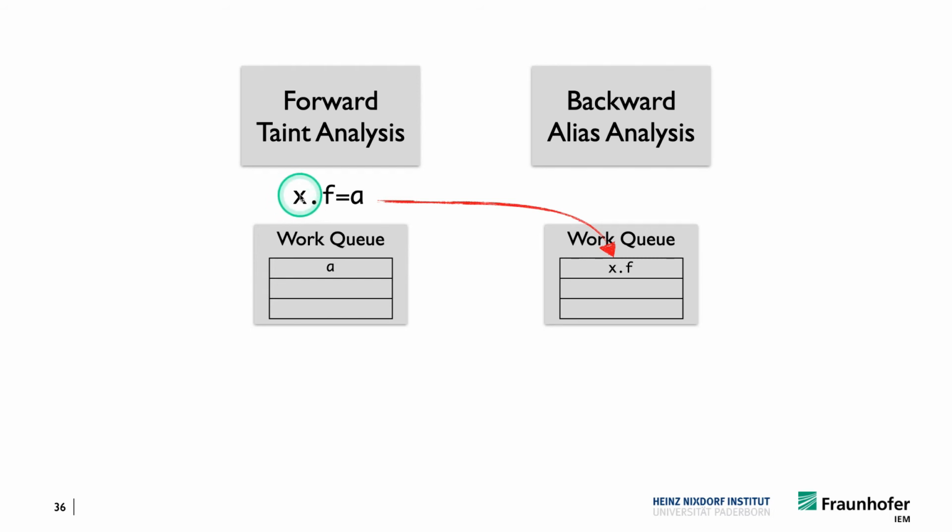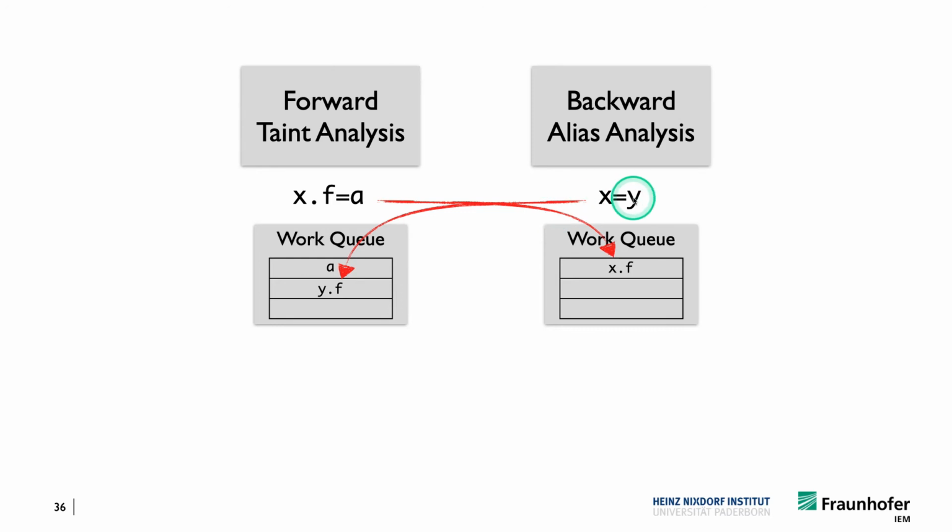But in FlowDroid, we still had a design that was sort of mixing both. So we were sort of keeping track of this field also in the backward query. And anyway, when the backward analysis would find such an aliasing relationship here, it would then tell, again, the forward taint analysis that y.f might actually also be a potential taint, right?